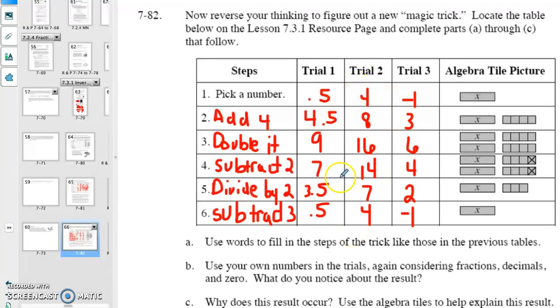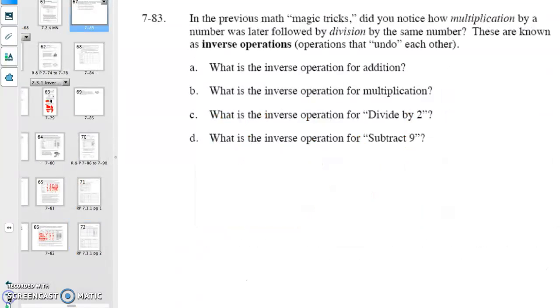I want you to take a look at my examples because especially the first one and the third one, I used a decimal and I used a negative number. So take a moment to pause this so you can look at mine. Again, if your instructions or your steps are a little different than mine, if you had made an error, please change that on yours. That is the lesson for today.